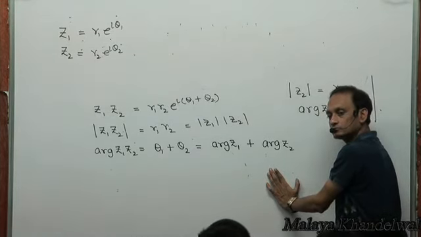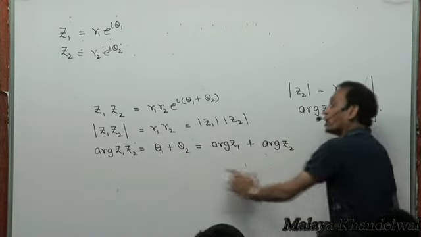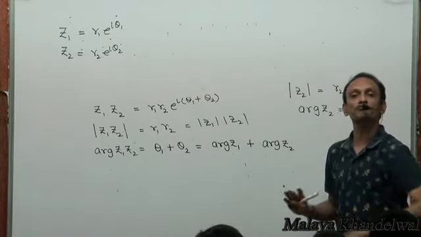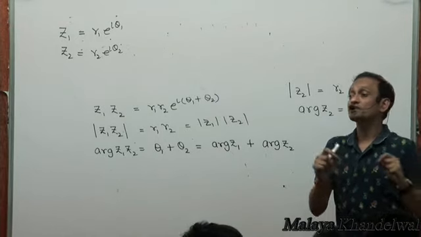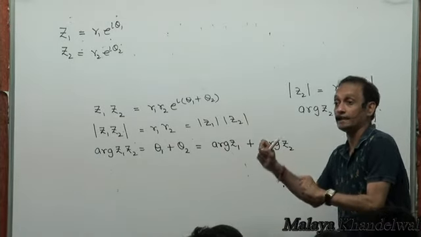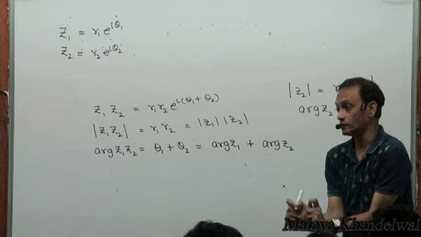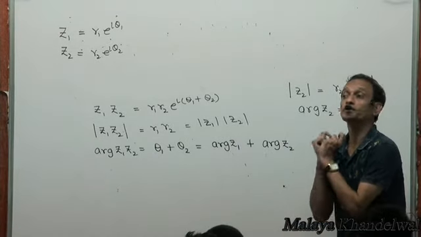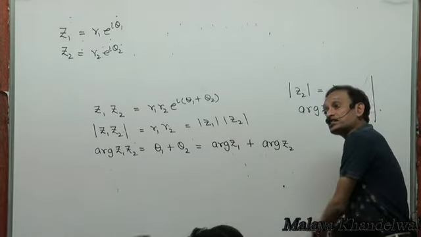Yes or no? Another property. And not just for two complex numbers, for any number of complex numbers. Argument of z1 z2 z3 ... zn is going to be argument z1 plus argument z2 plus argument z3 plus ... argument zn.